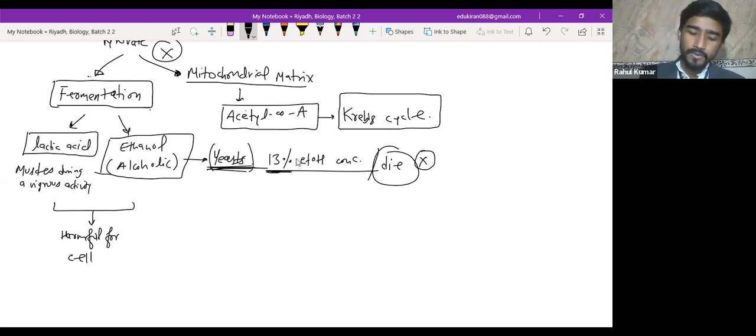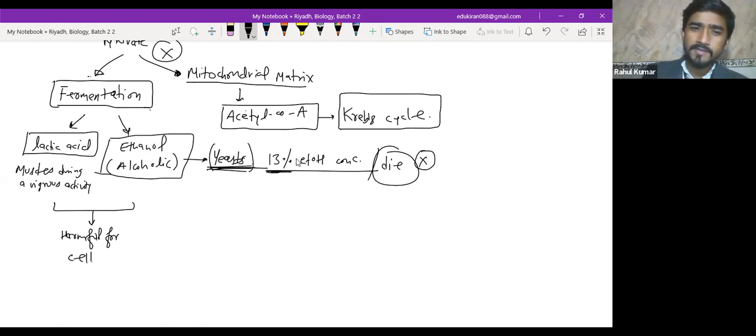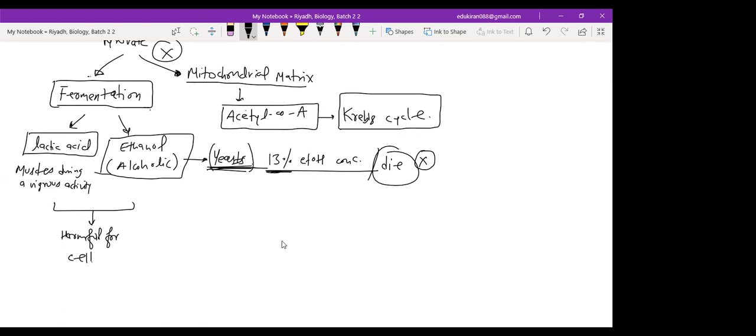So if I tell you, using yeasts, what is the maximum concentration of ethanol you can reach in any beverage or food? 13. Where did you read 16? Sir, I remember one of my friends saying 15 to 16.